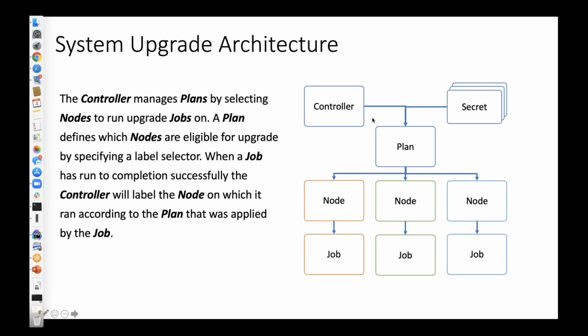A plan defines which nodes are eligible for upgrade by specifying a label selector, right? So that means a plan is not just one and done. A plan is an outstanding intent to mutate nodes that are a member of your cluster. When the job is run to completion, then the controller will label the node as per the plan that it ran the job for.